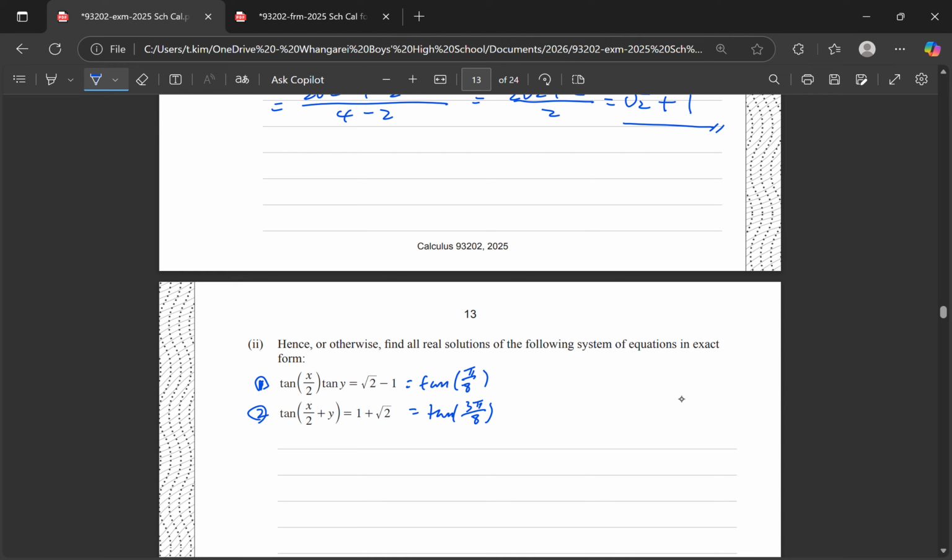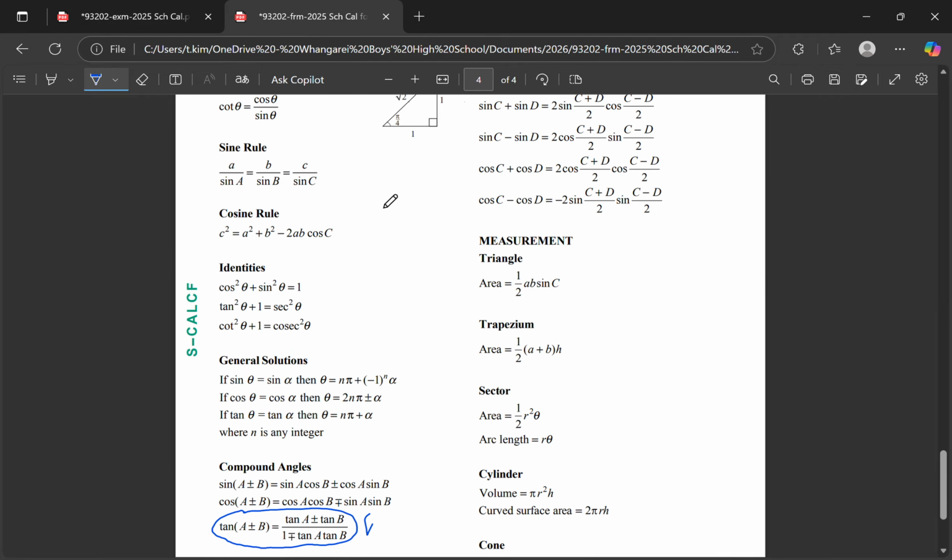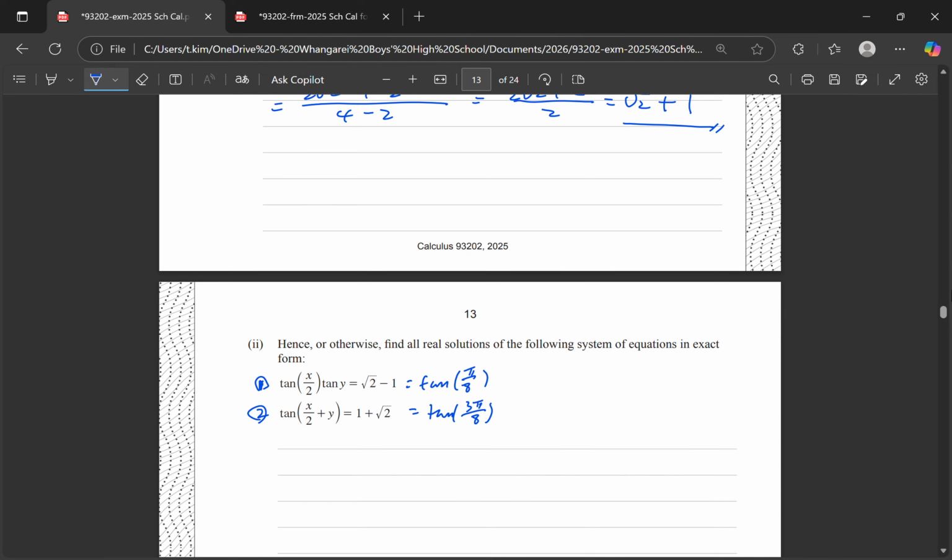Well, we can rewrite the second equation using compound angles. Do you remember this formula? So I rewrite this: tan(x/2) + tan y over 1 − tan(x/2) tan y, isn't it?